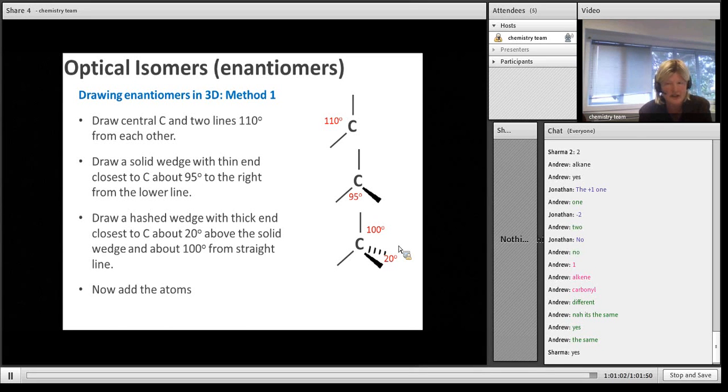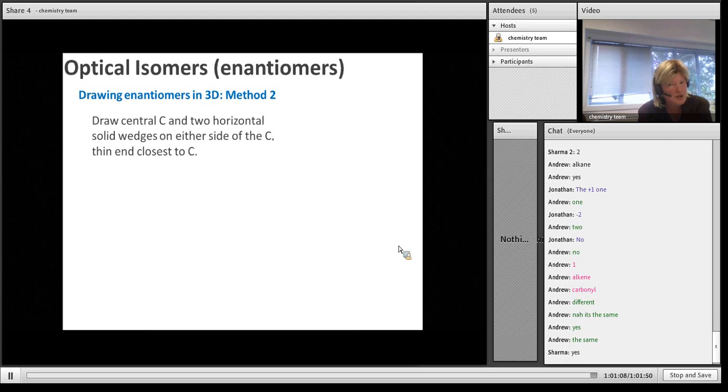If you think that's too complicated with your angles, because I find some students really struggle in getting angles correct, because it has to look like a 3D molecule, it can't be weird. So this might be a more suitable method, because it's only right angles involved. Draw the carbon and draw two wedges sticking out on either side. Doesn't matter if it's up or down or horizontal. Thin end closest to the carbon. You want to show those bonds coming out of the paper.